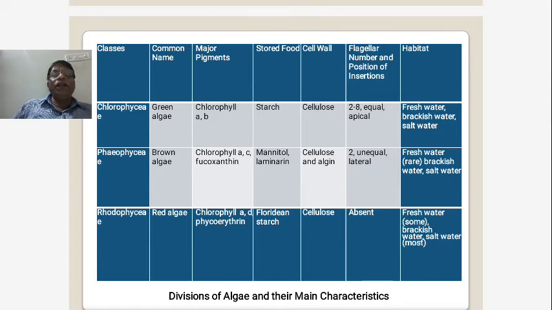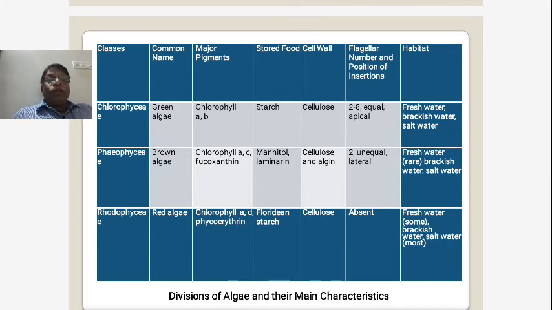Because in the plant body we come across the brown pigment, fucoxanthin. Why do the members appear brown color? Because of the presence of brown pigment, namely fucoxanthin.